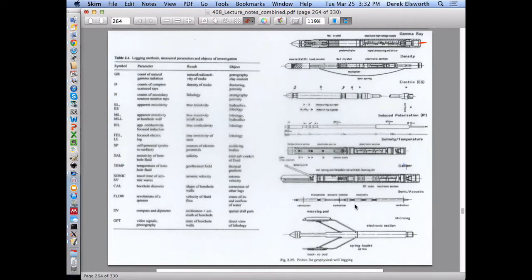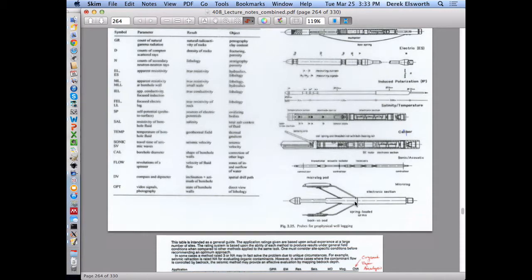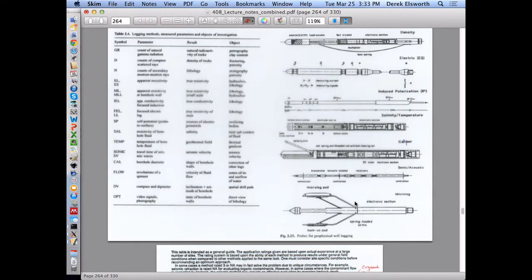And sometimes they would use coupling with the fluids in the hole to measure acoustic velocity. So for acoustic velocity in a hole, you have a little pinger source that kicks out a seismic pulse. The seismic pulse goes through the fluid to the wall, goes along the wall, comes back off the wall through the fluid, and is measured in the receiver, actually in the sonde. And it measures the travel time, time of flight, and it uses that in exactly the same way to figure out what's going on.